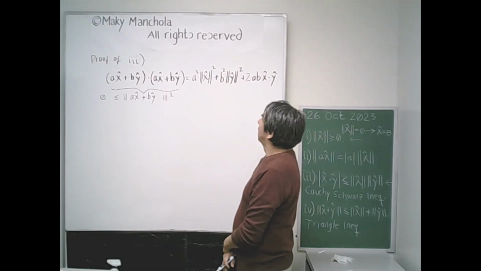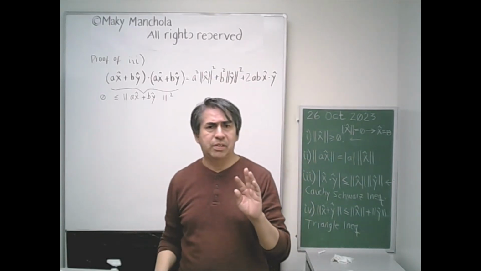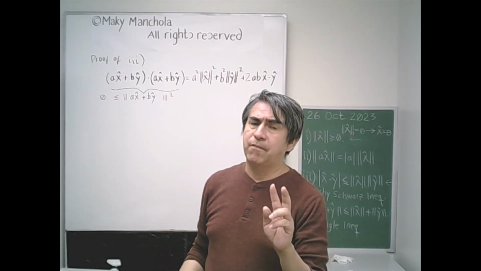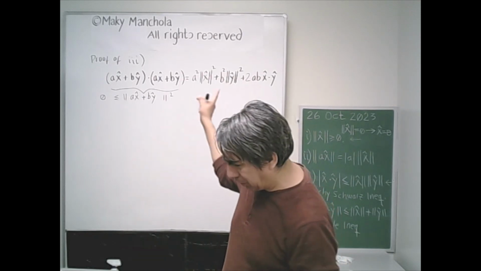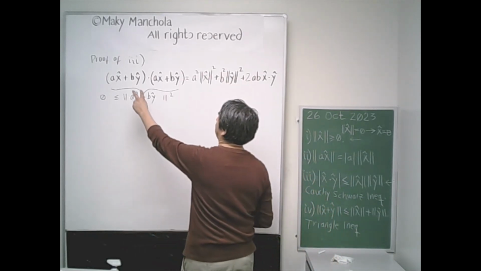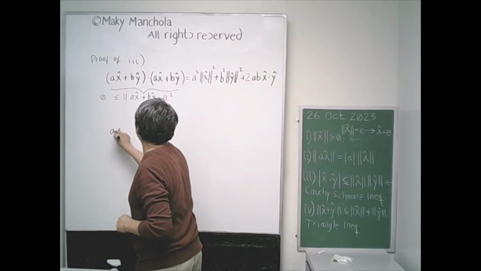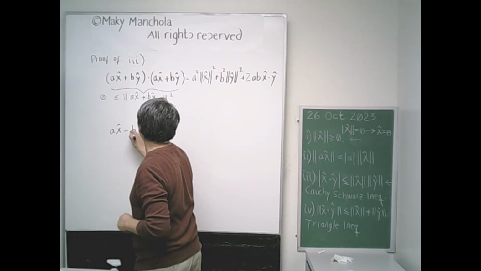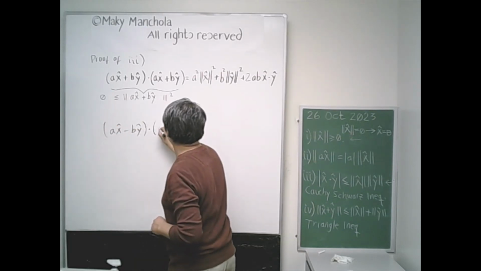Okay. Let me consider the norm of a x hat minus b y hat. I'm going to pretty much do the same thing, but now I'm finding the dot product of a x hat minus b y hat with itself.